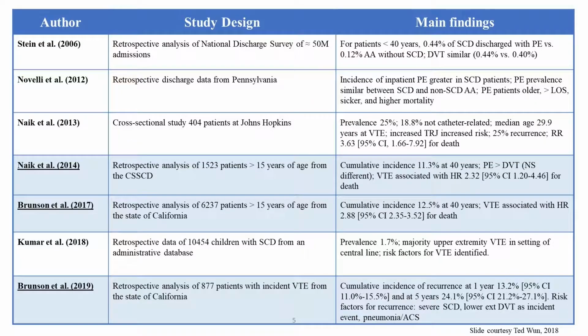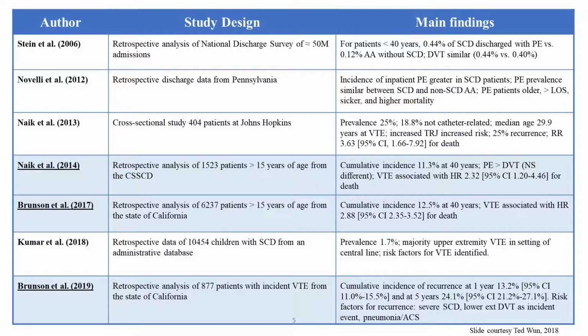So you can see today, there's a bunch of epidemiological data which suggests that venous thromboembolism is a common phenomenon in sickle cell disease. Most of these studies are retrospective, but I'm going to focus on three studies which are relatively recent.